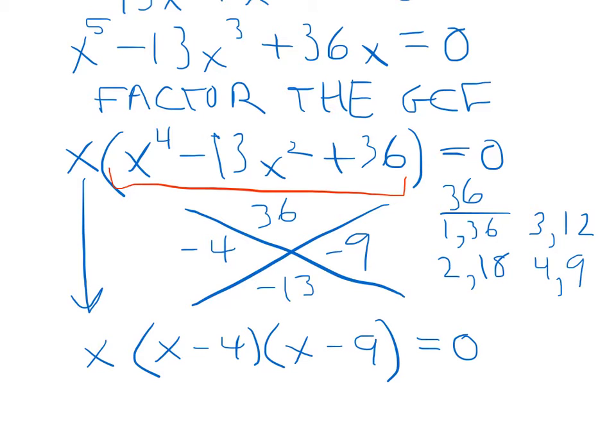Now you'll notice if you try to FOIL x minus 4 times x minus 9, you're not going to get this. It just doesn't happen. So what we'll do is we'll make this x squared and we'll make this x squared. Now, this only works when this middle exponent is exactly half of this exponent. So it doesn't work all the time, it only works in this case.